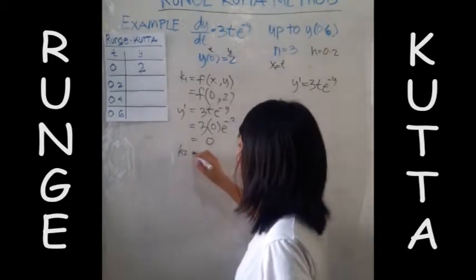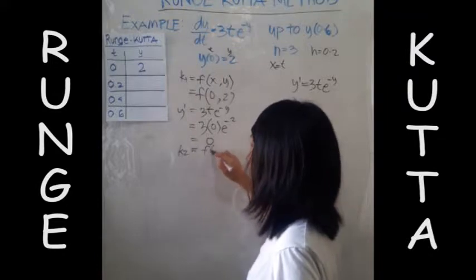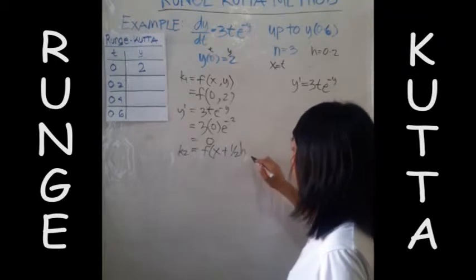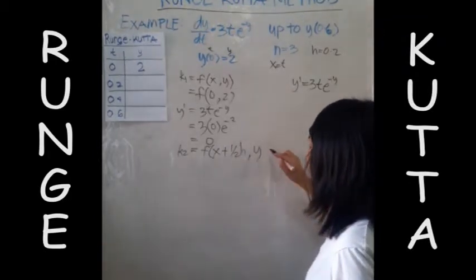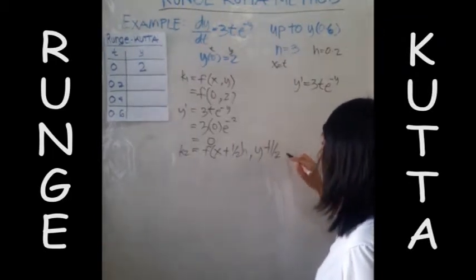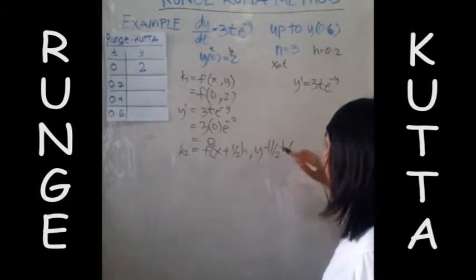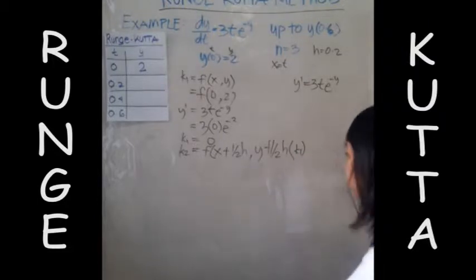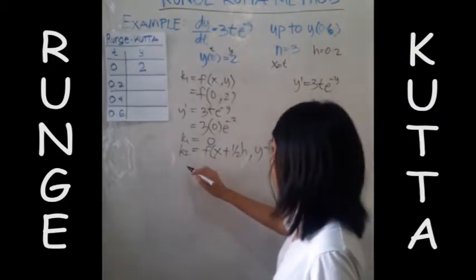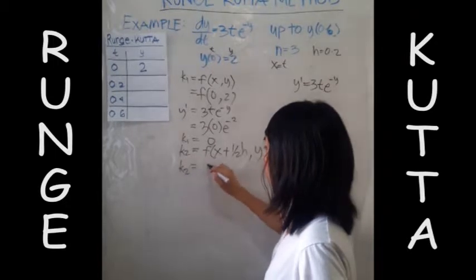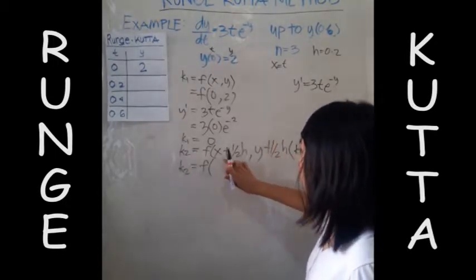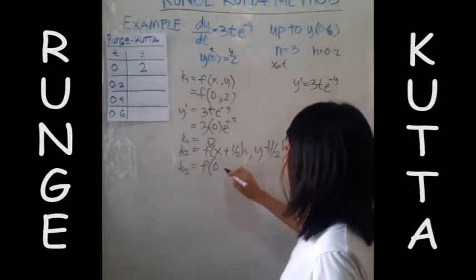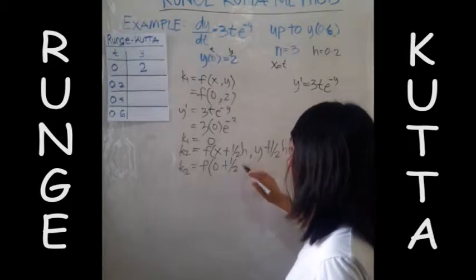K2 is equal to function of x plus 1/2 of h and y plus the 1/2 of h and multiply the value of our k1. So let's substitute our x or t is equal to 0 plus 1/2 of h.